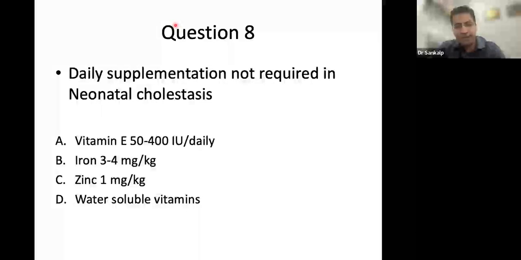So answer is iron, mostly because iron is absorbed in the duodenum, right? And therefore the bile and liver enzymes don't play any role in iron absorption, and therefore iron supplementation routinely is not required in neonatal cholestasis. Rest all vitamin supplements and zinc supplements are required.